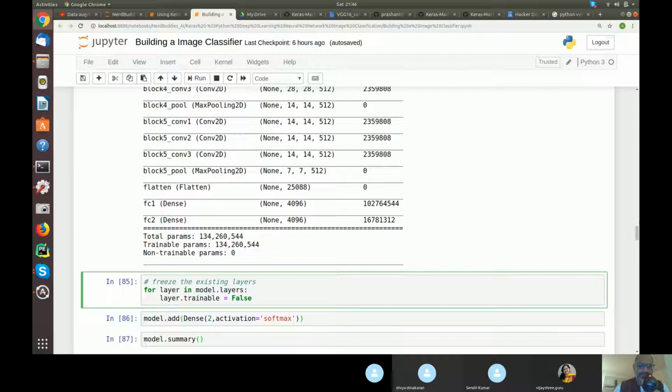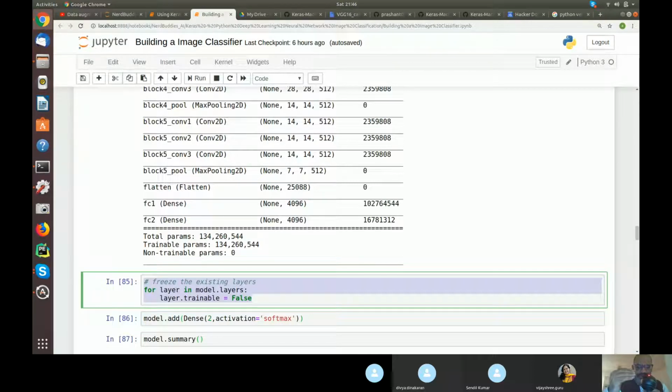So this is the part where you can decide, do you want to freeze everything from the previous model, or do you want to freeze nothing, or do you want to freeze, let's say, the initial fundamental features?